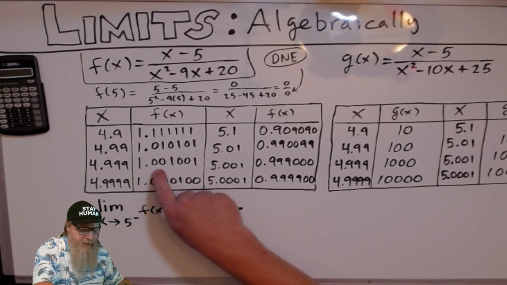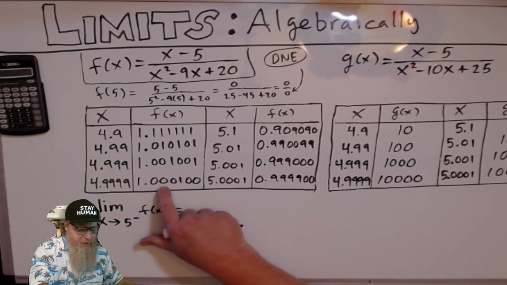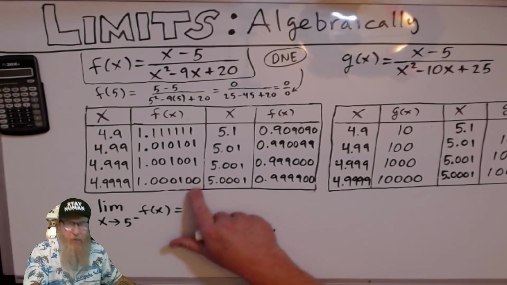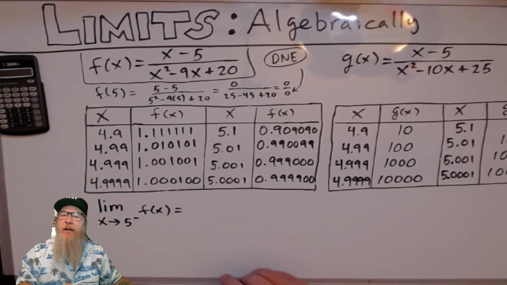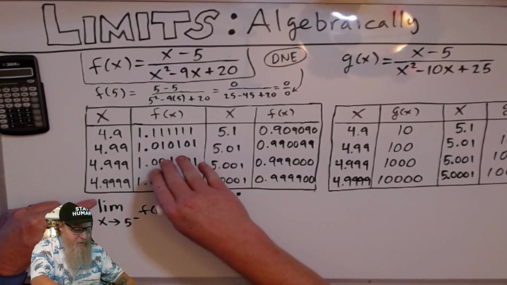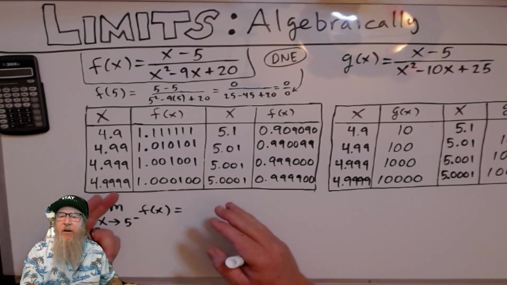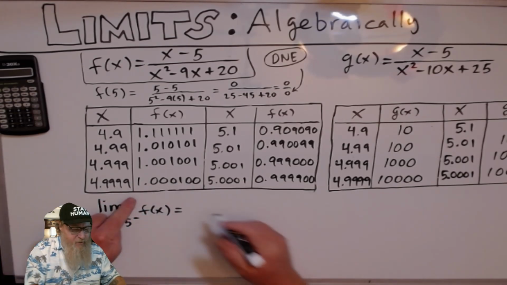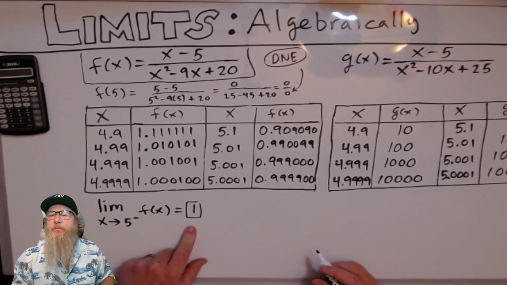You see the pattern? 001, 001. This next one would be 0001, and even though I truncated it, it continues that pattern. You can assume these will keep increasing the number of zeros until they're all zeros, and so the limit from the left is 1.